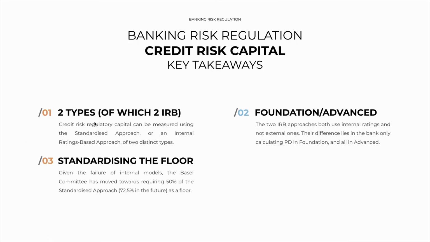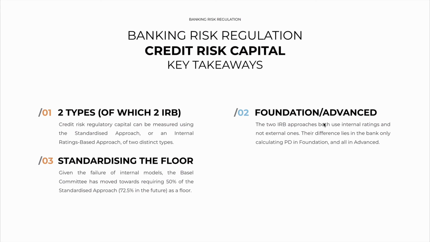The first is that there are 2 major approaches to calculate credit risk regulatory capital. Banks can use the standardized approach with loan capital multiplied by the appropriate risk weight, or an internal ratings-based, or IRB, approach, which further splits into 2, foundation and advanced. As mentioned, we have 2 IRB approaches.